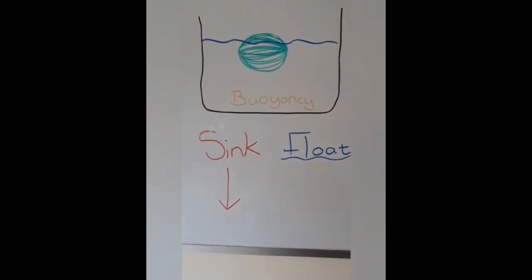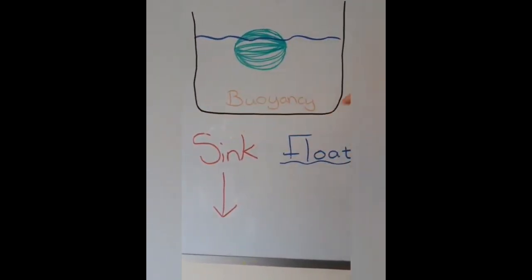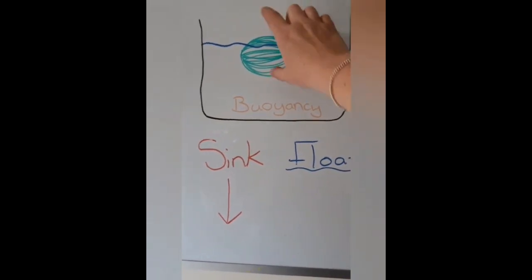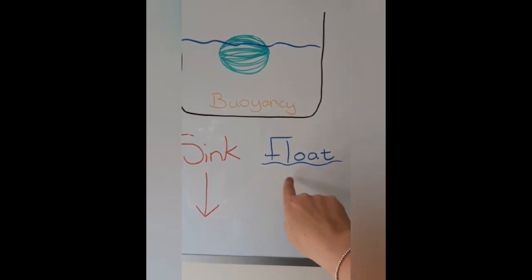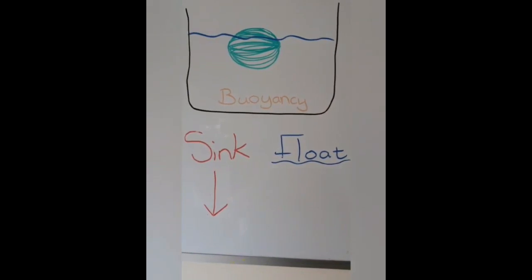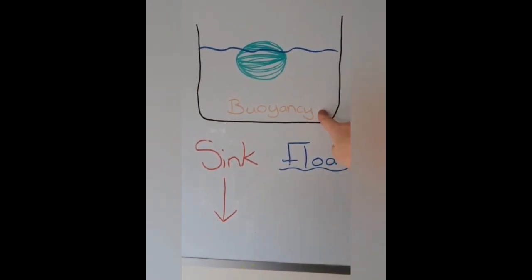So here's a diagram I've drawn of the watermelon in the tank. The watermelon sat on the top of the water. It floated. So we know that the watermelon floats, but it was really heavy, so why did it float? Well, the answer is here. Buoyancy.